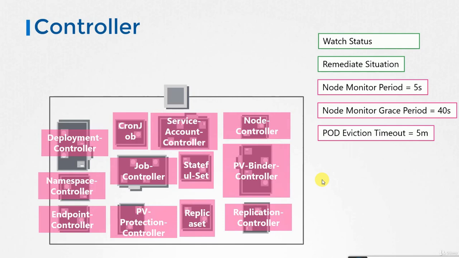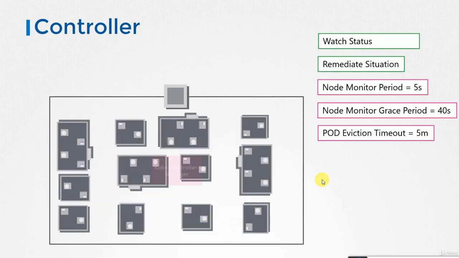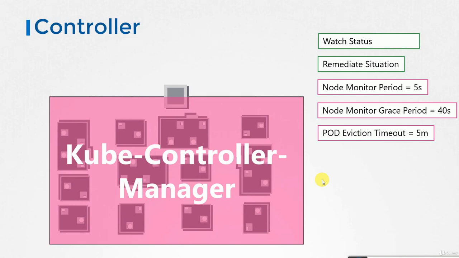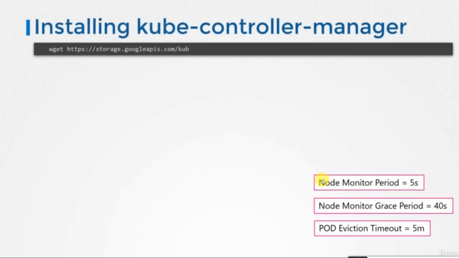Now, how do you see these controllers and where are they located in your cluster? They're all packaged into a single process known as the Kubernetes Controller-Manager. When you install the Kubernetes Controller-Manager, the different controllers get installed as well. So how do you install and view the Kubernetes Controller-Manager? Download the kube-controller-manager from the Kubernetes release page, extract it, and run it as a service.